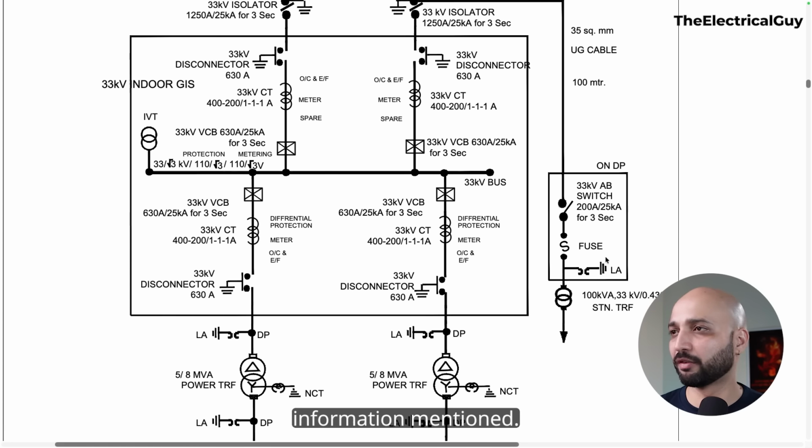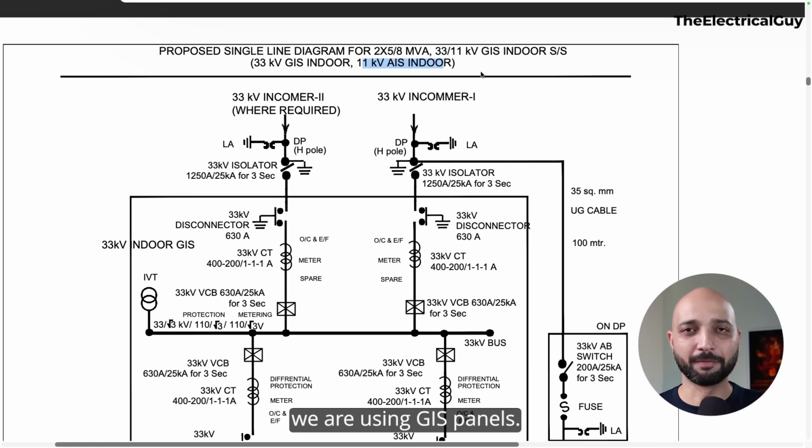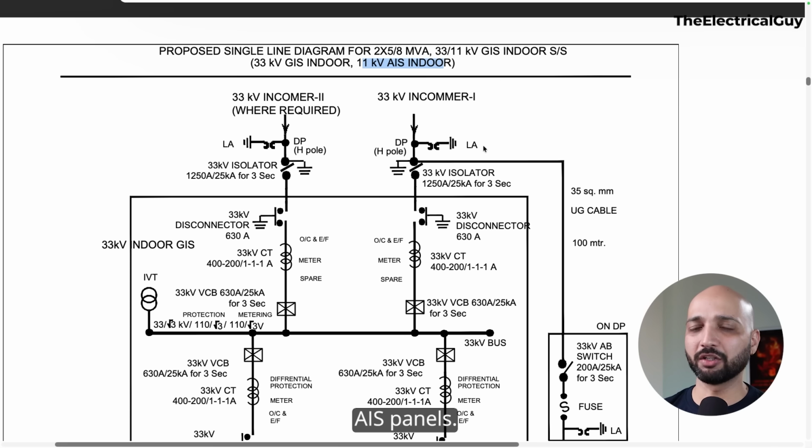But on top we have a detail which says it's a 2 into 5 or 8 MVA transformer based, 33 by 11 kV GIS indoor substation. In that we have 33 kV GIS indoor and 11 kV AIS indoor. So for 33 kV we are using GIS panels, and for 11 kV we are using AIS panels. So that's our step number 1, understand the drawing context.